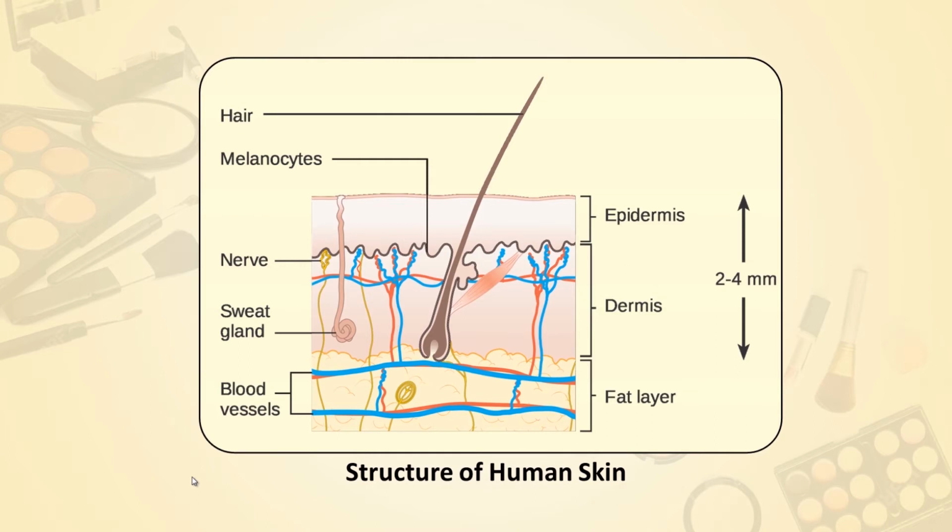As you can see in the diagram of the skin structure, the different parts of the skin are blood capillaries, nerve fibers, sweat gland, hair follicles and 3 functional layers: epidermis, dermis and hypodermis. You can see it in detail in this diagram.